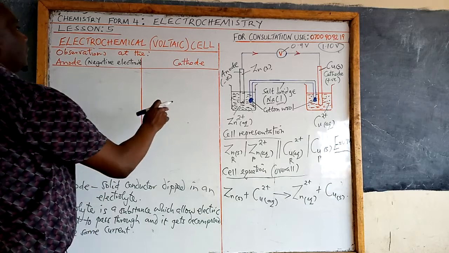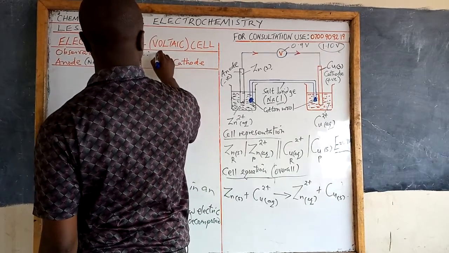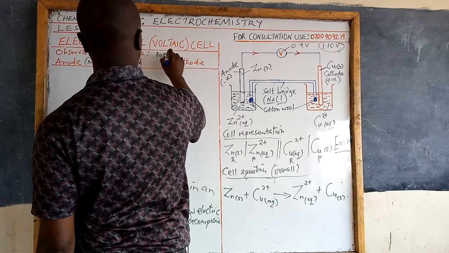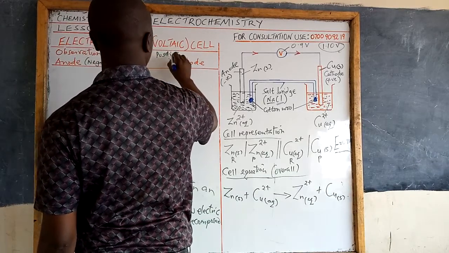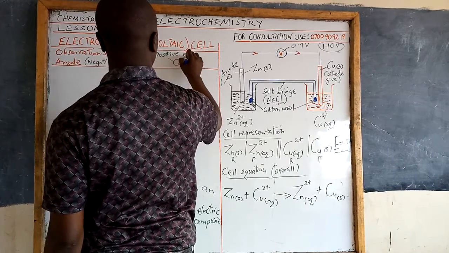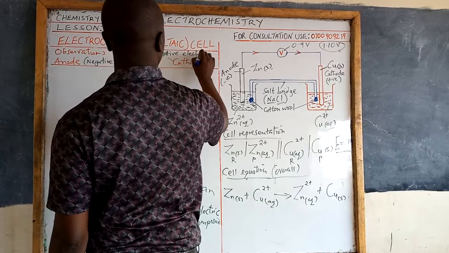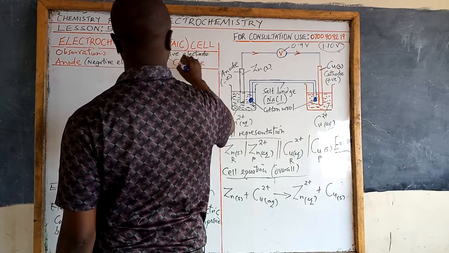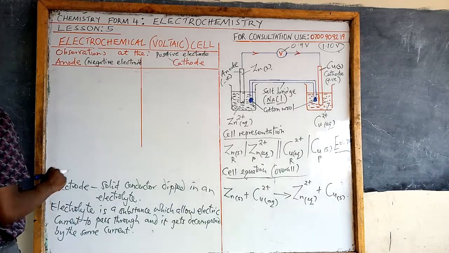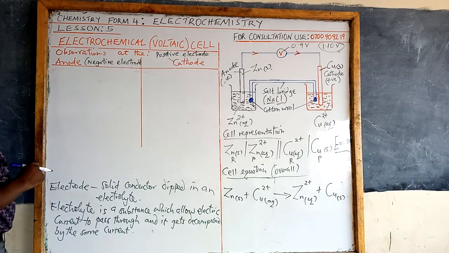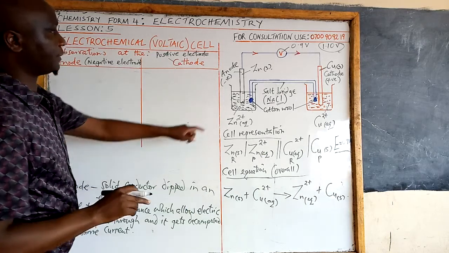Then the cathode will be the positive electrode. So the positive electrode is the cathode in this setup, and the anode will be the zinc half cell.